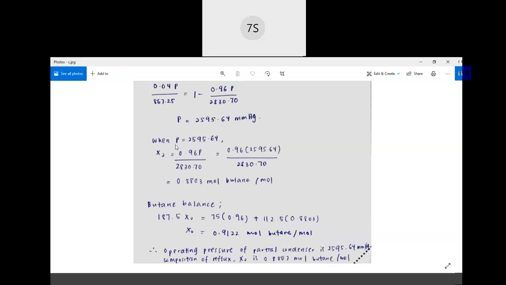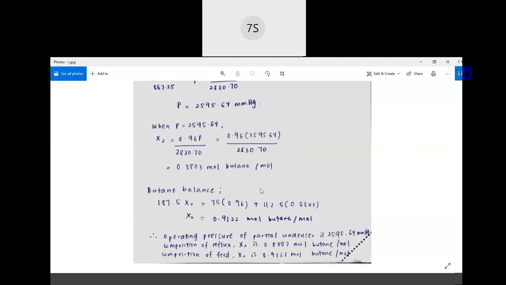So when P is this, okay, this is the step. And the molar composition of butane, I guess it's pentane. The answer is 0.8803 mole butane per mole.